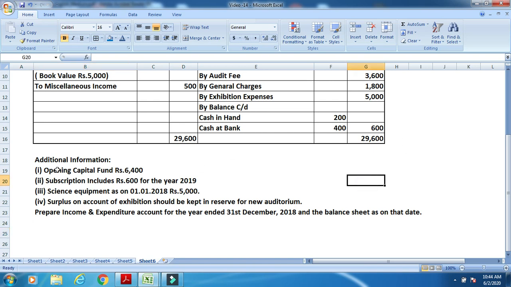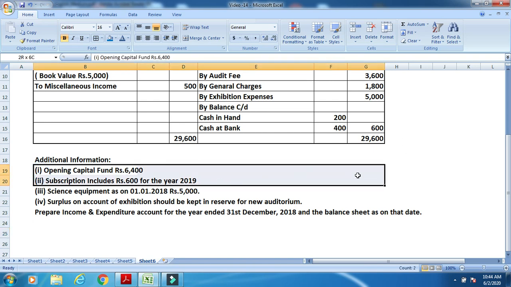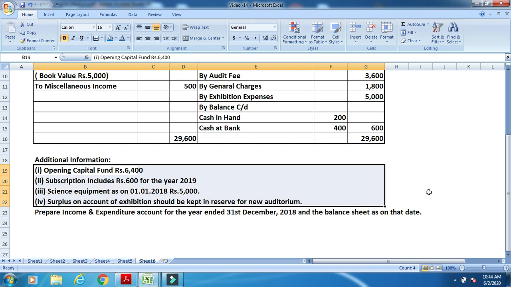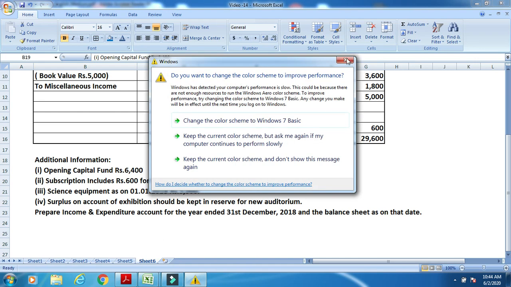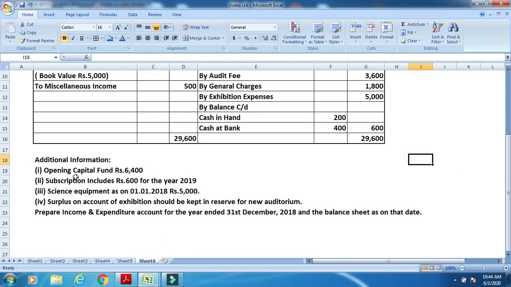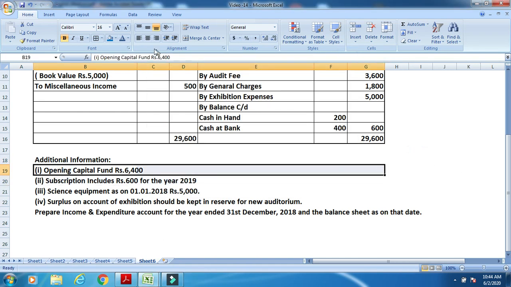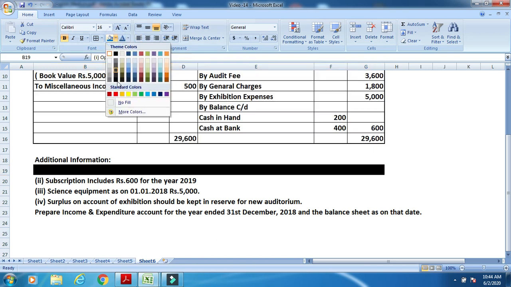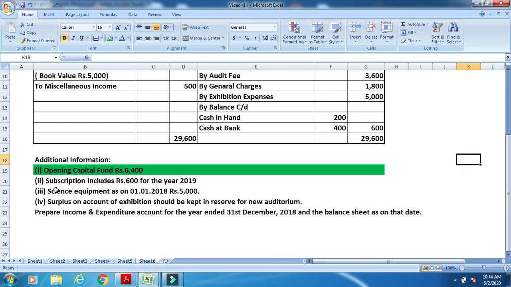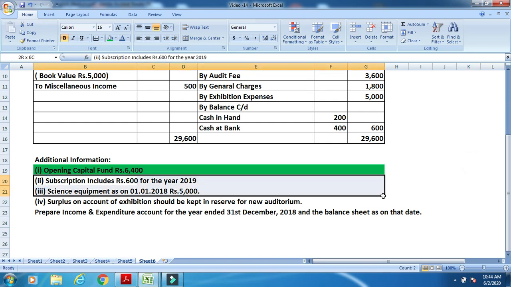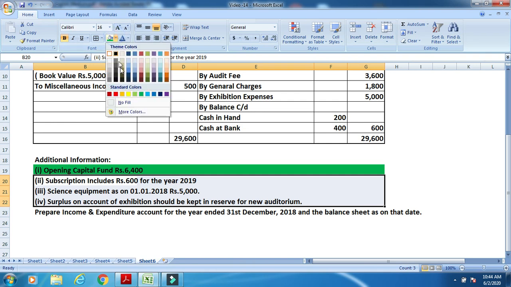The first step is to consider the adjustments. What are the adjustments? The first adjustment here is the opening capital fund. Whenever they give the opening capital fund, we prepare the income and expenditure account and the closing balance sheet only.